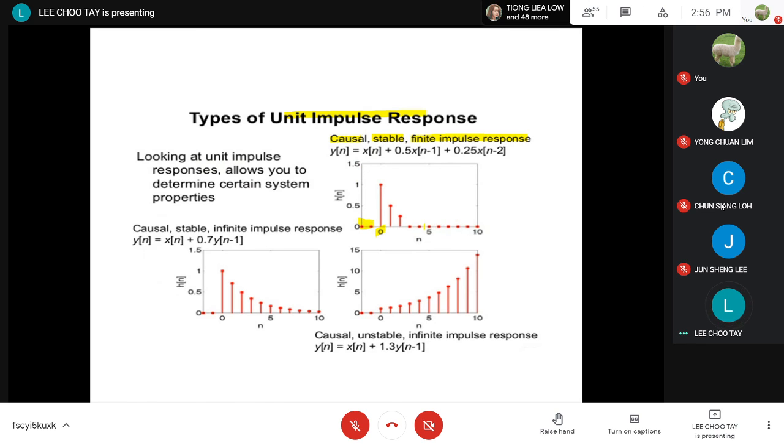In the infinite case here, the response of the system never goes down to 0, so that is infinite. It never goes down to 0, but it's getting smaller, and that's why it's still stable.